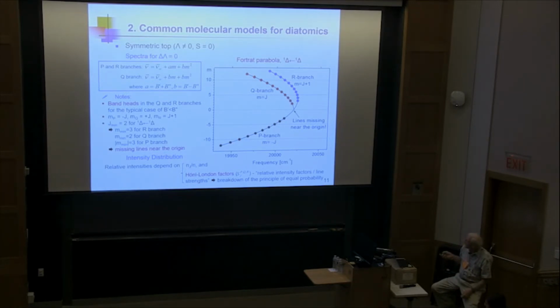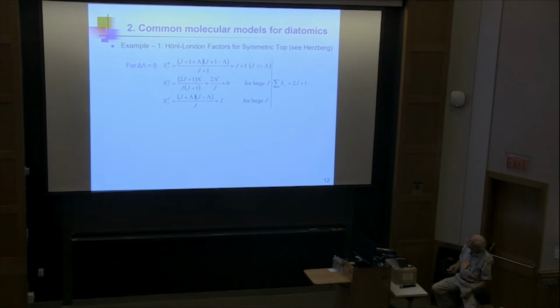So that's the breakdown of my principle of equal probability. I don't think anybody else uses that. I like to use it because it explains the Boltzmann distribution. Now, if we had a symmetric top, which is the one we're talking about, the Hönl-London factors are different for delta lambda of 0 and delta lambda of 1.